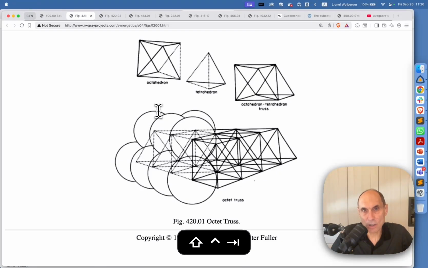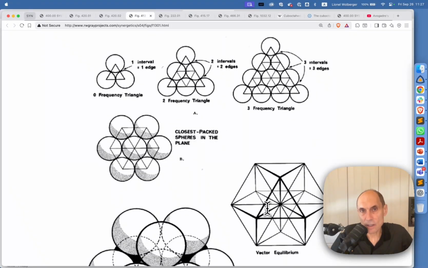The tetrahedron here has a volume of 1, then the octahedron will have a rational, an integer volume of 4, and all of these are rational or integer relationships, or by ratio rather than irrational.